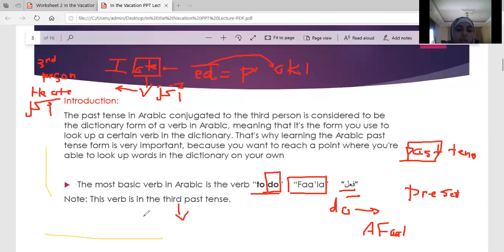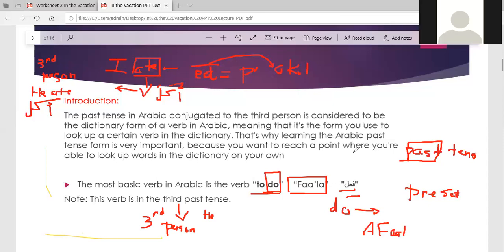Why do I say the third? Because I don't know which person I'm talking about as a past tense here. We usually use the third person if we're going to talk about the past tense as a starting point, which is with he, which means هو فعل, okay? You base this on the third person, okay? Let's continue.